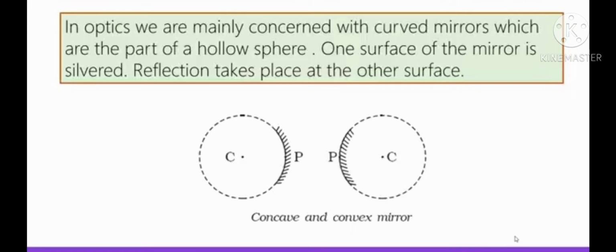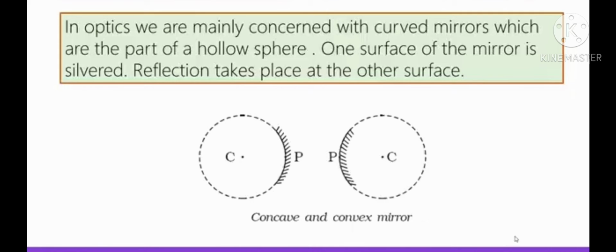The inner surface is known as concave surface because if we observe the surface, it is like a cave, so it is called concave surface. In the same way, the other curved surface is known as convex surface. In this way, the curved surfaces are two types. One is convex surface and another one is concave surface.